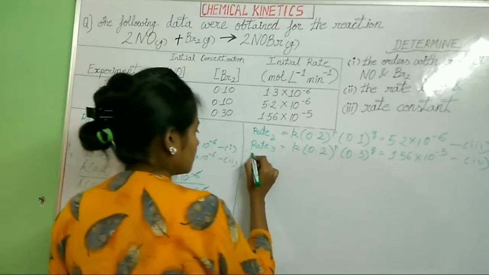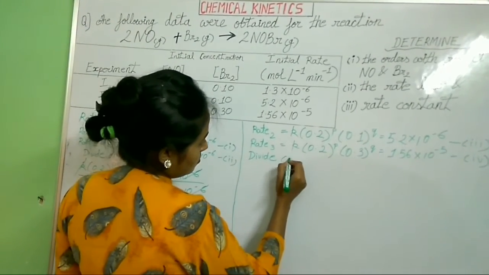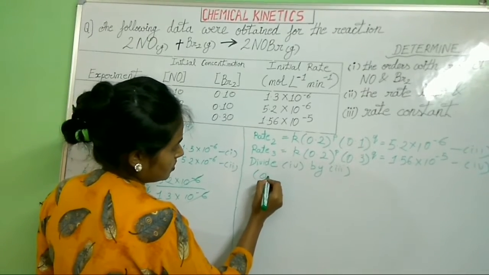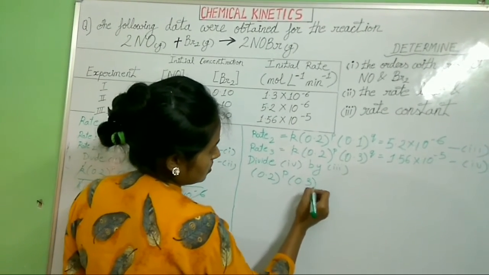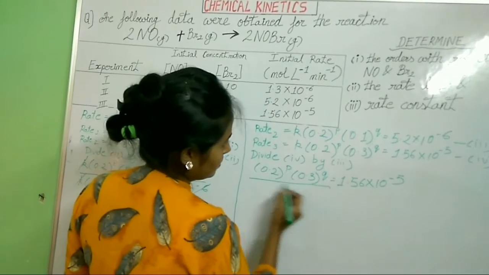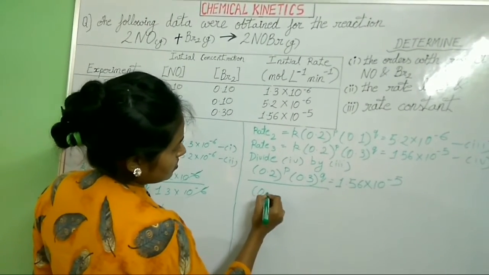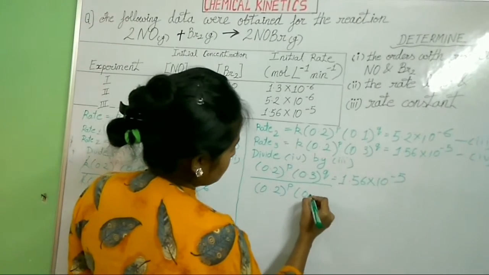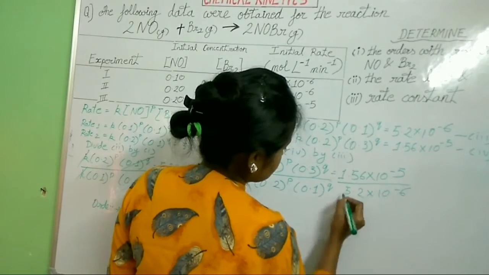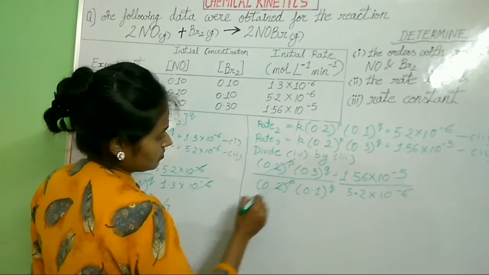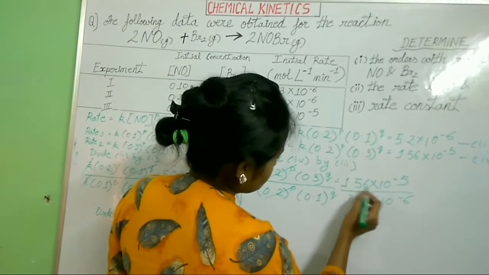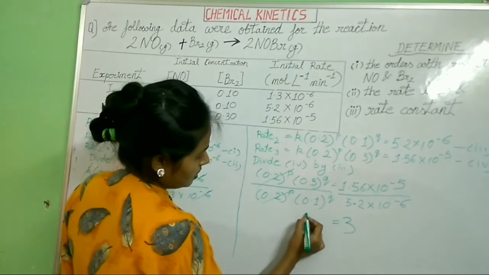Now divide 4 by 3. So the equation will be K[0.2]^P[0.3]^Q equal to 1.56 into 10 to the power minus 5, divided by K[0.2]^P[0.1]^Q equal to 5.2 into 10 to the power minus 6, and this will get cancelled out, this will get cancelled out, and 52 into 3 is 156, and this will be 3^Q.